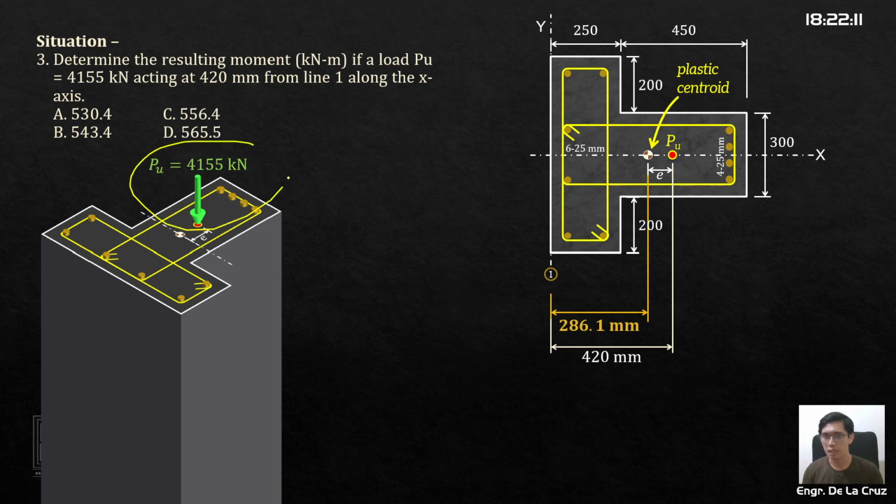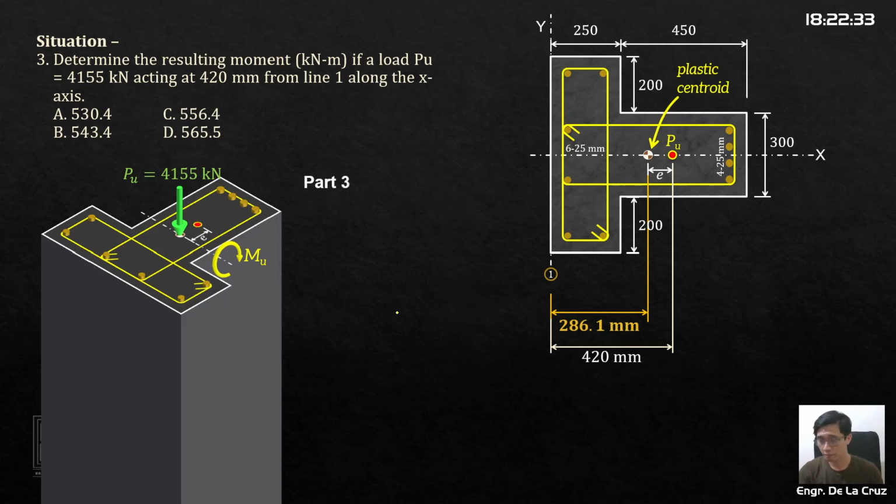This is now eccentric; it is not at the center. So what we do is transfer it to the plastic centroid, but we need to account for the moment. You have a moment about that neutral axis, and that moment, which is Mu, is P times the eccentricity. So Mu is equal to the given Pu times the eccentricity.